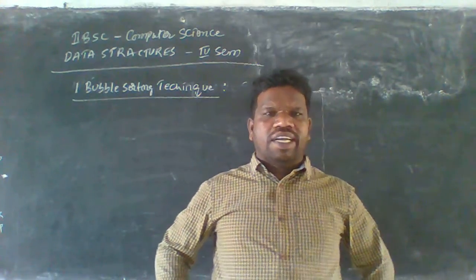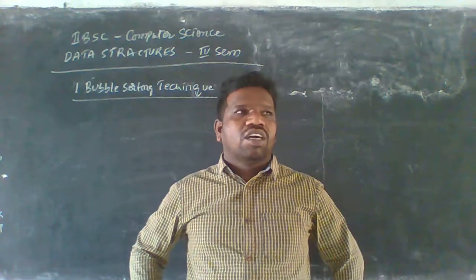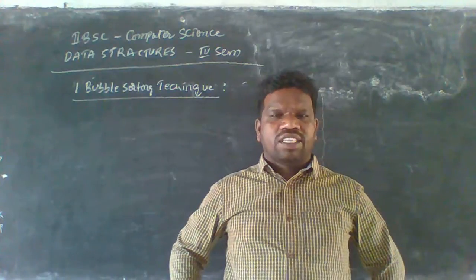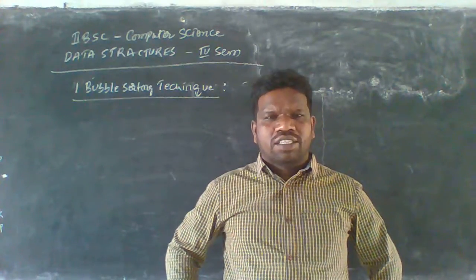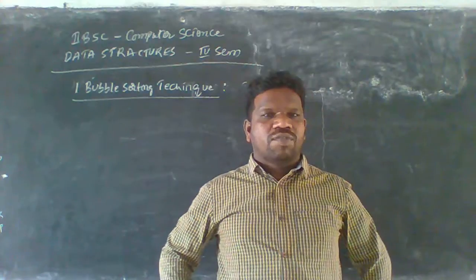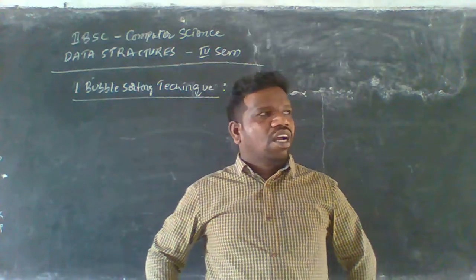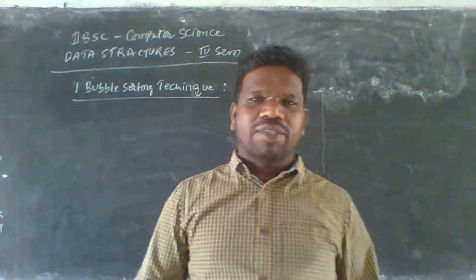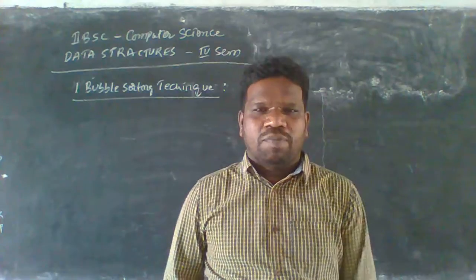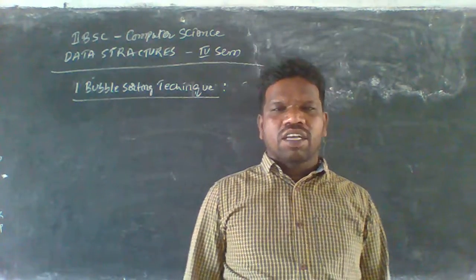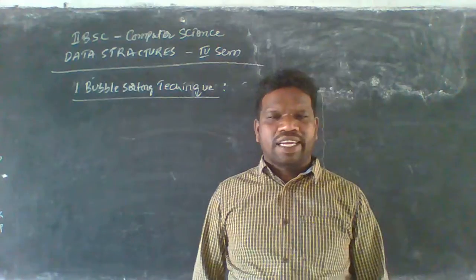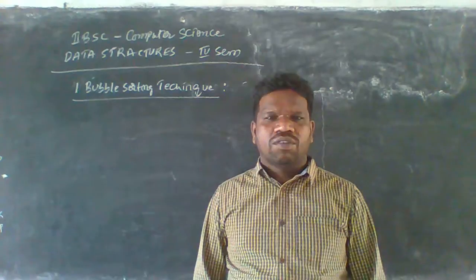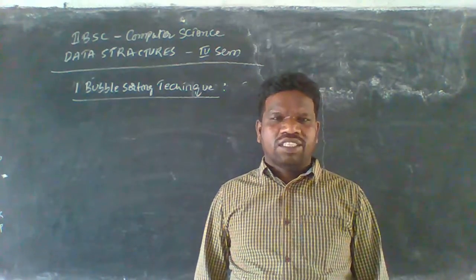We have to read the given unordered list, and we check it from one adjacent node to another node here. The bubble sort algorithm tells us that if you read the given list, you have to check the adjacent numbers.